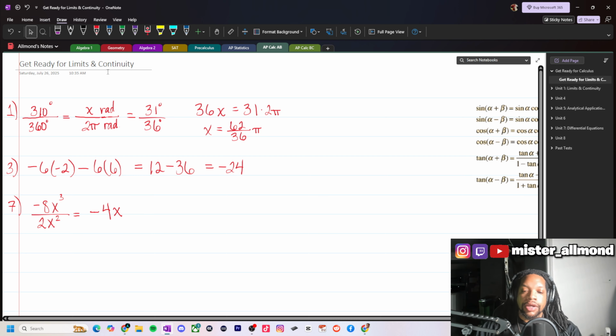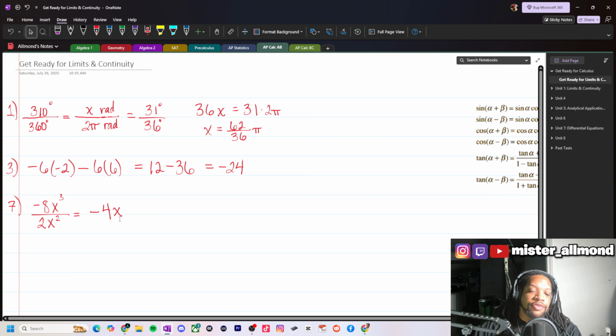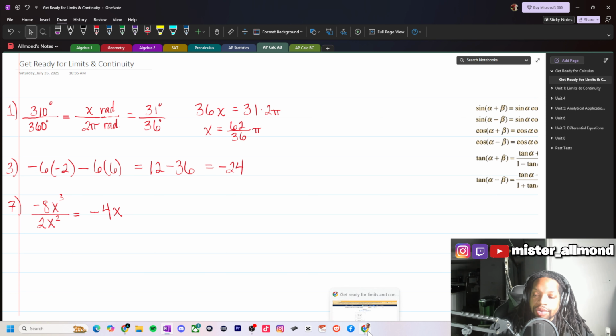So if I look at the expression negative 4x, as x gets bigger, let me see what happens. I'm thinking about negative 4 times 10 compared to negative 4 times 100. It's getting more negative, I'll say that. So that's when x is getting closer and closer to infinity. So I think that's an answer choice.